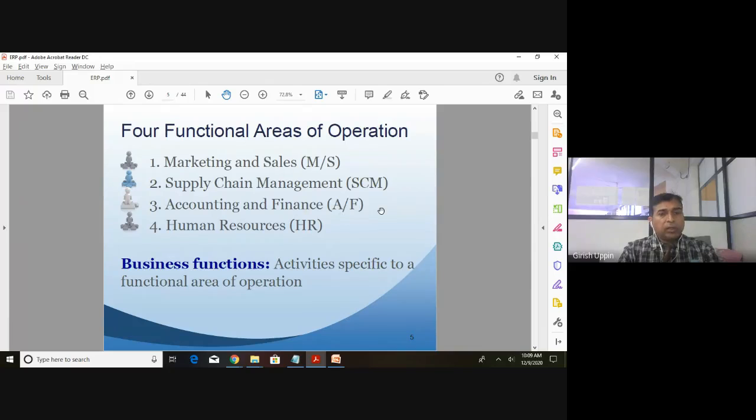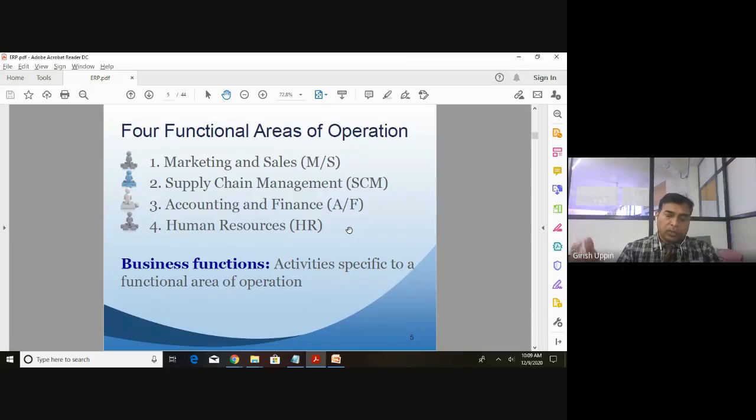Accounting and finance: this department is responsible for keeping all the transactions, all the payment information, all the bills information, all the receipts. Whatever is related to transactions and cash flows is maintained by the accounting department. As part of their functional area, they produce different reports.